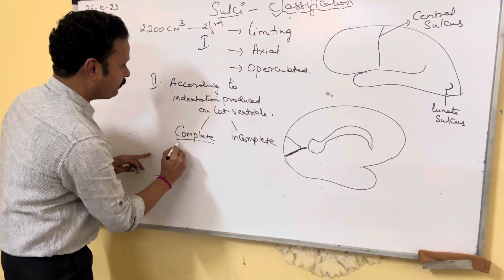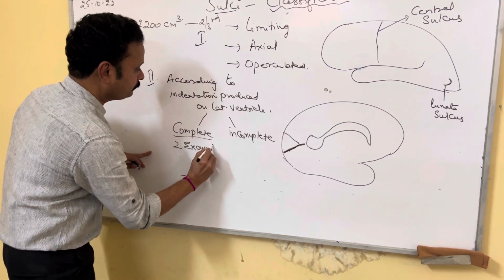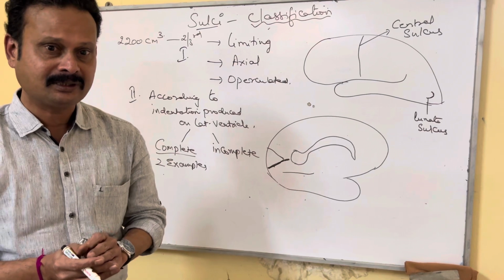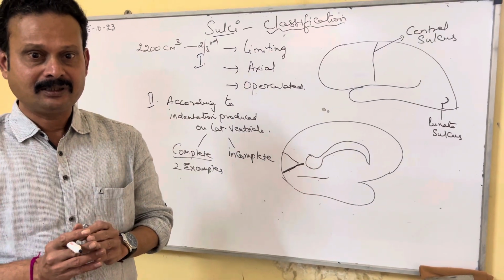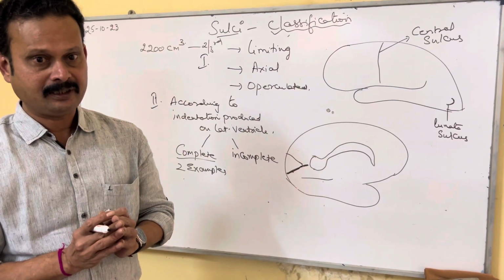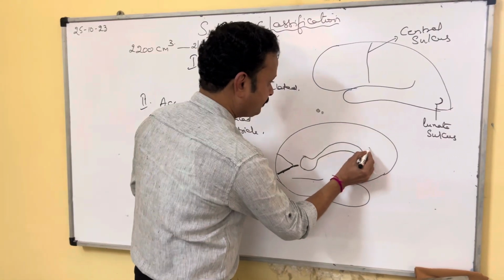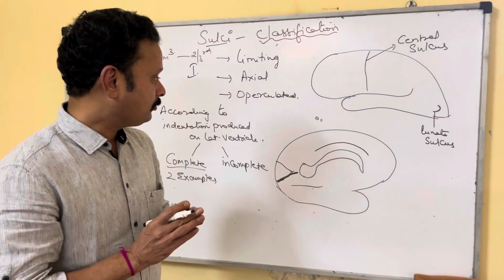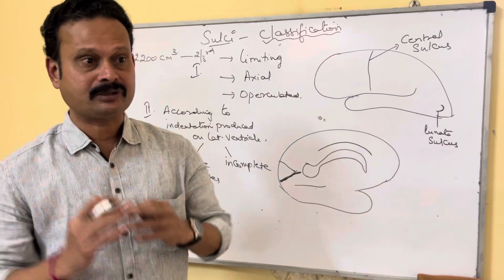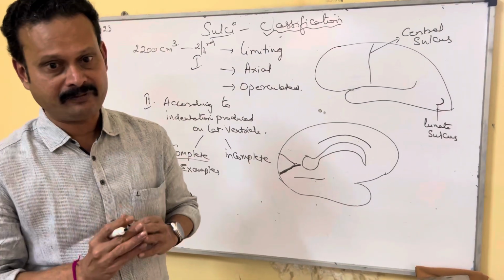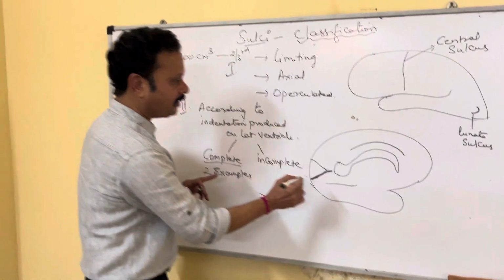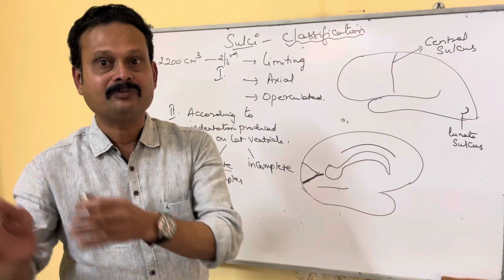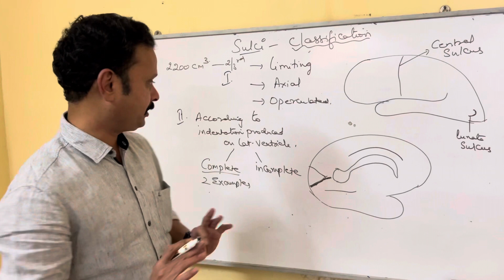Two examples of complete sulci are the collateral sulcus, seen on the inferior surface, producing the collateral eminence on the inferior horn of the lateral ventricle, and the calcarine sulcus, producing the calcar avis on the posterior horn of the lateral ventricle.